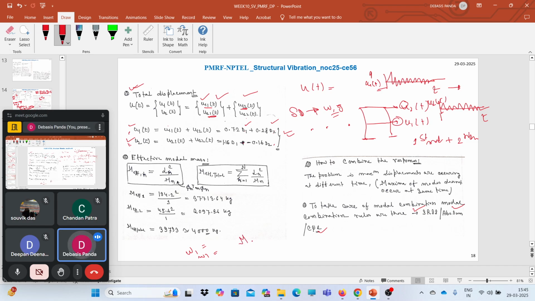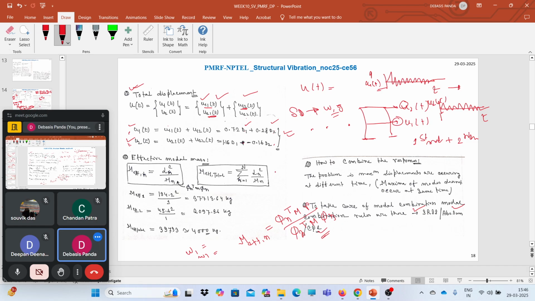We have already seen the effective modal mass for the nth mode will be nothing but phi n transpose m into your influence vector divided by phi n transpose m phi n.